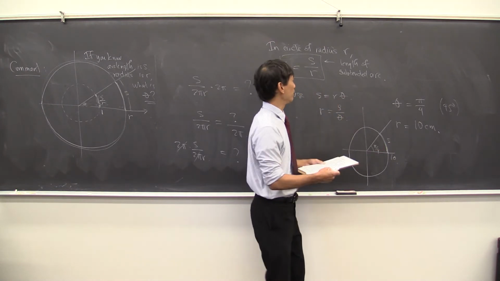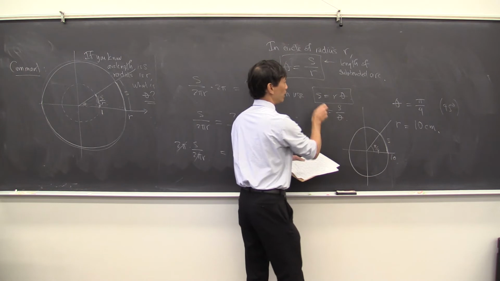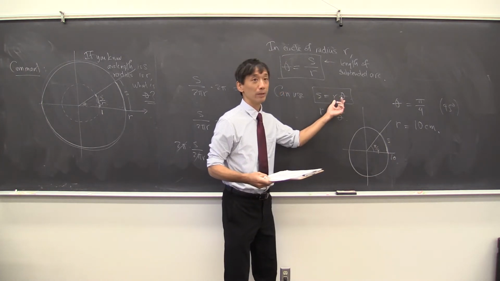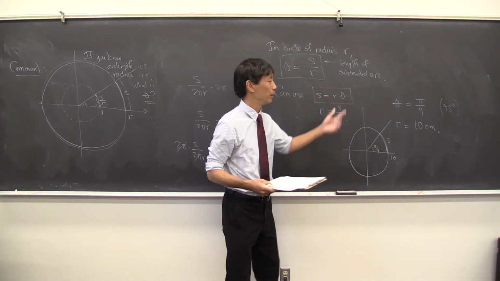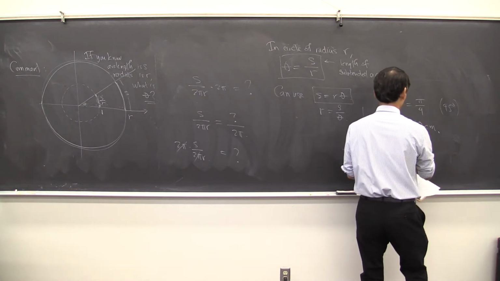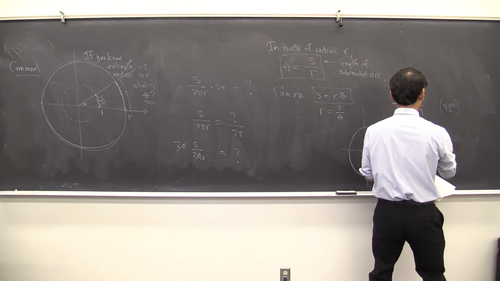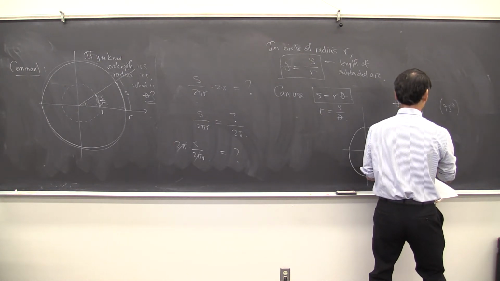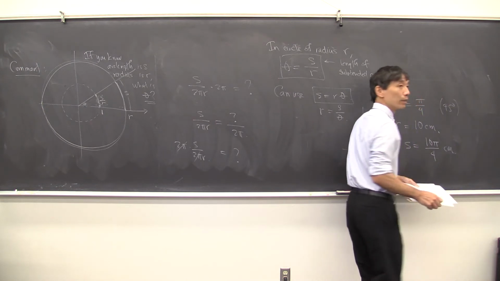Well, this gives it to you. The length of the subtended arc is the radius times the angle. So s is 10 pi over 4 centimeters.